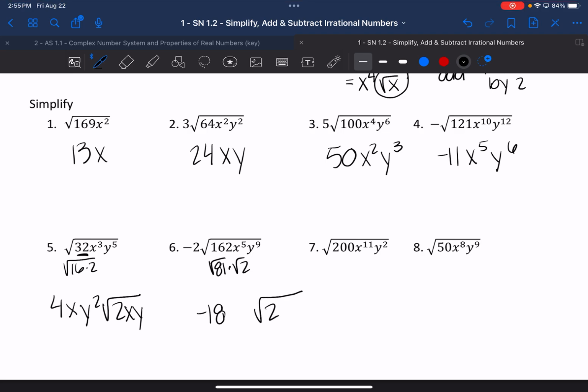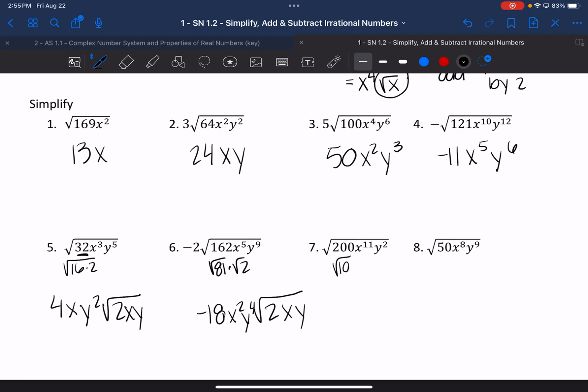Okay. For x to the 5th, what am I going to do there? Good. Nice. Okay, what about y? What are we going to get for y? Y to the fourth. And then a y on the inside. Nice. Okay. 200. What should I change that one into? 102.